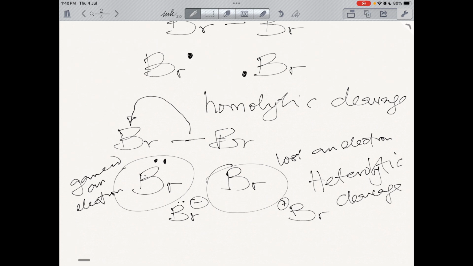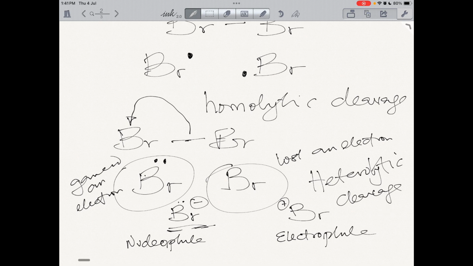It's also important to note here that this type of species that has a negative sign, excess of electron, is known as a nucleophile, while this type of species that is deficient already in an electron is known as an electrophile.